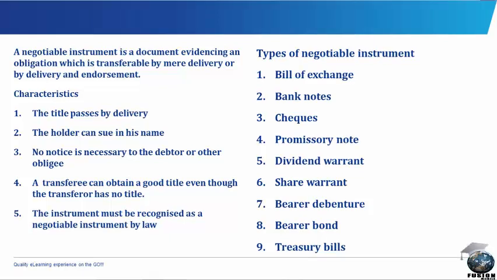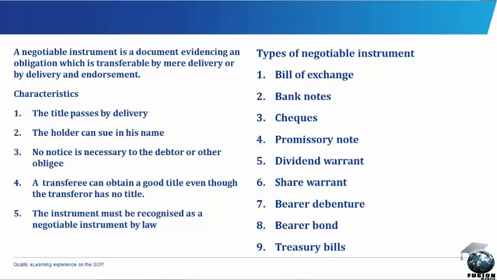Holder in due course is a holder who has taken a bill before it was overdue, complete and regular on the face of it, without notice of previous dishonor by non-payment, in good faith, for value, and without notice of any defect at the time of negotiation. The holder refers to the payee or endorsee who is in possession of an order bill or a bearer bill.